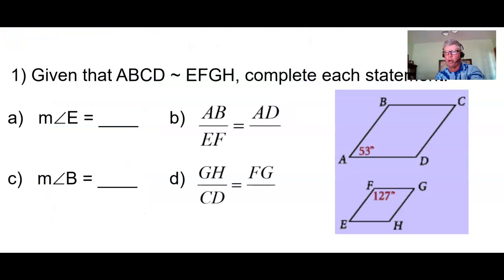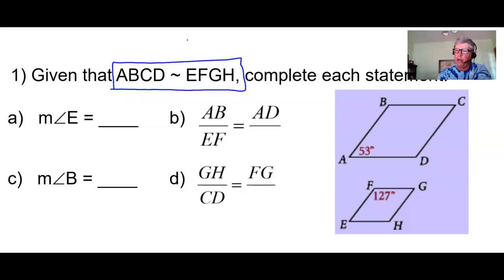All right, so here we are. I believe this might be an example on the worksheet that I gave you for the guided notes. We know, okay, so this is a similarity statement. This symbol right here is similar to. And order is extremely important in a similarity statement.